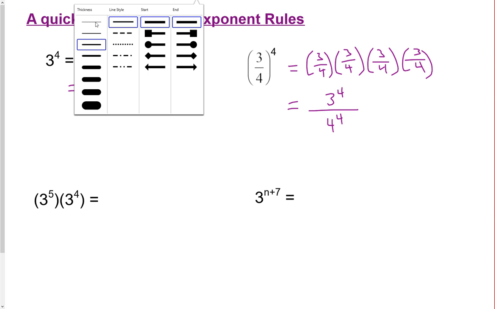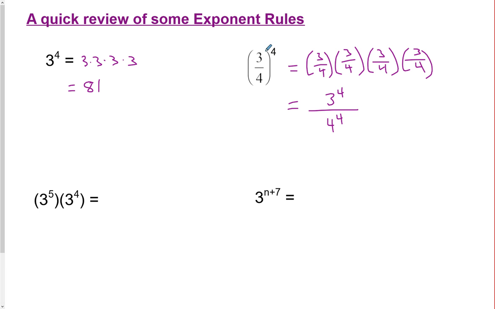What you can do when you've got 3/4 to the power 4, 3/4 is just one term. It's its own term. And if there's only one term in the brackets, then you can apply that exponent to here, and you can apply that exponent to here. You apply that exponent to everything that's in the brackets. You cannot do that if, say, for example, you had n plus 3 to the power 5.